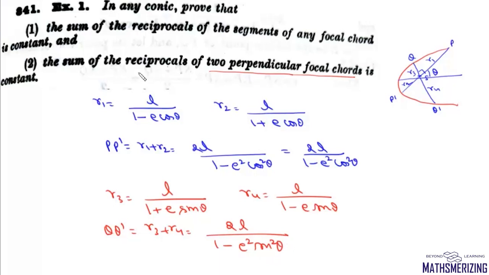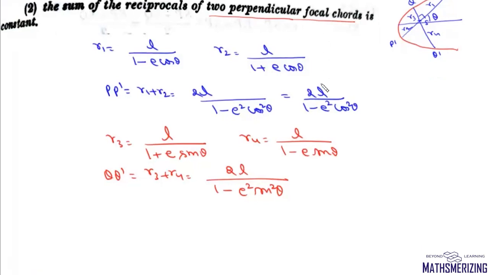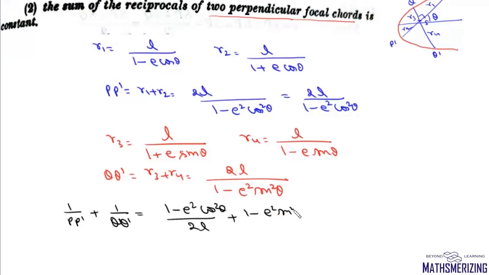Now it says we need to find the sum of reciprocals of two perpendicular focal chords. So we need to find 1 upon PP dash plus 1 upon Q dash. So 1 upon PP dash plus 1 upon Q dash will be (1 minus E square cos square theta) upon 2L plus (1 minus E square sin square theta) upon 2L.